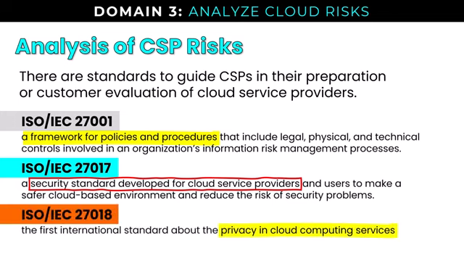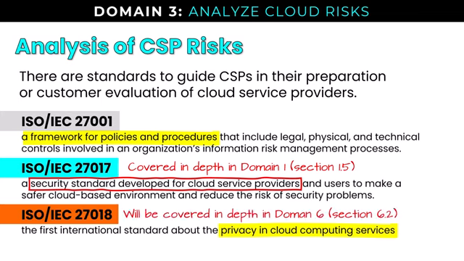And then ISO IEC 27018, which is the first international standard about privacy in cloud computing services. Now, we actually covered ISO IEC 27017 in depth in Domain 1 in Section 1.5. We will cover ISO IEC 27018 a bit later in this series in Domain 6 in Section 6.2.